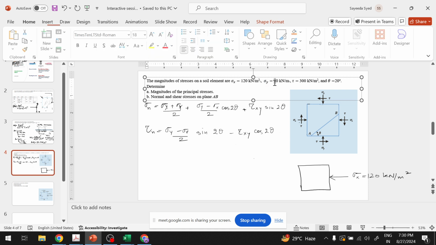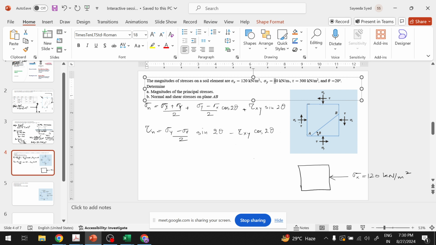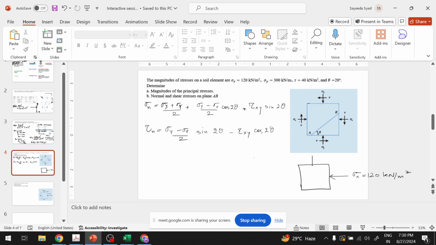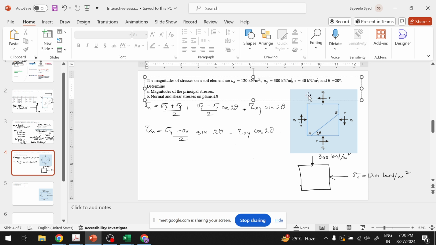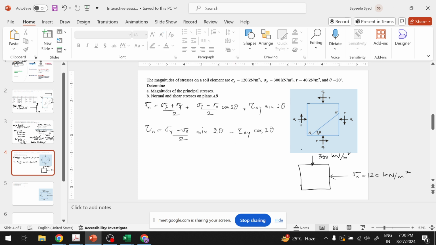Sigma y is 300 kilonewton per meter square, and then you have the tau, which is 40 kilonewton per meter square.